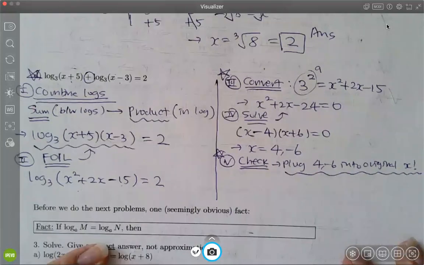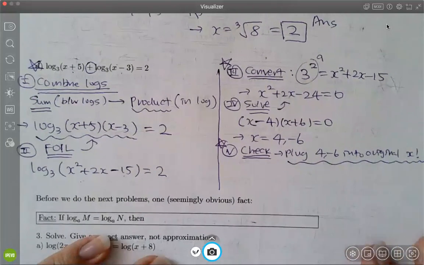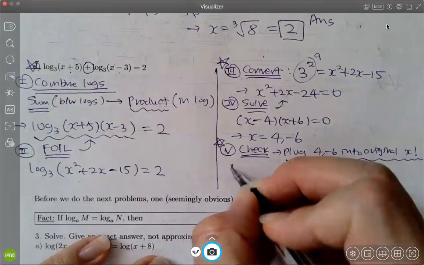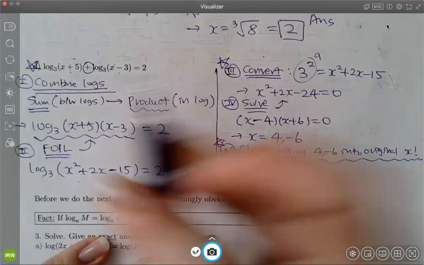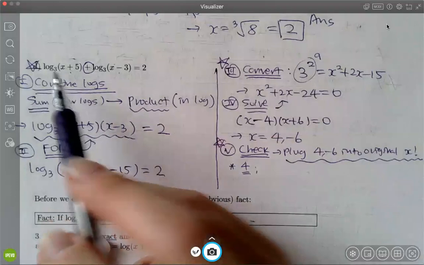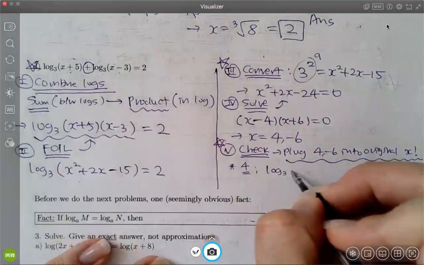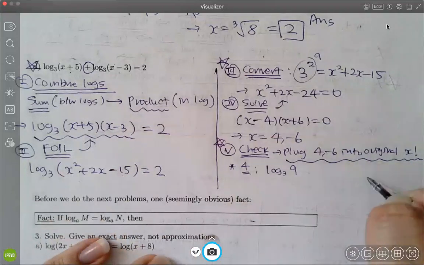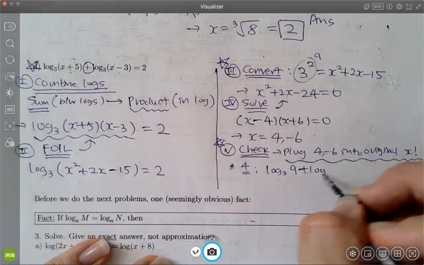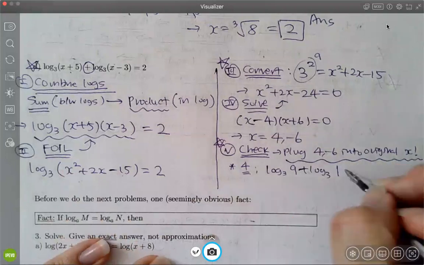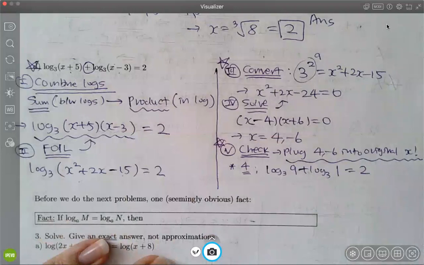So start with 4. So what do you get? Log 3 of 9 plus log 3 of 1 is equal to 2. Now remember, why do we check this? Because what we don't want to see is what?